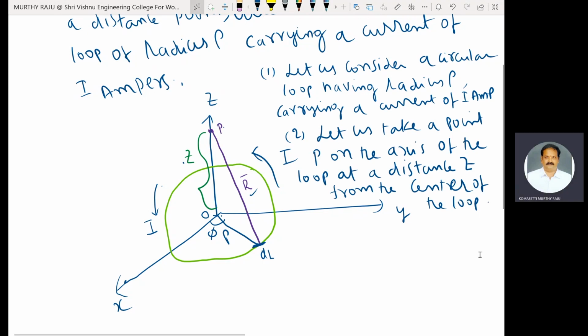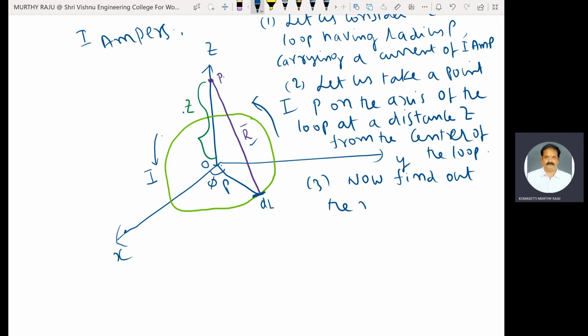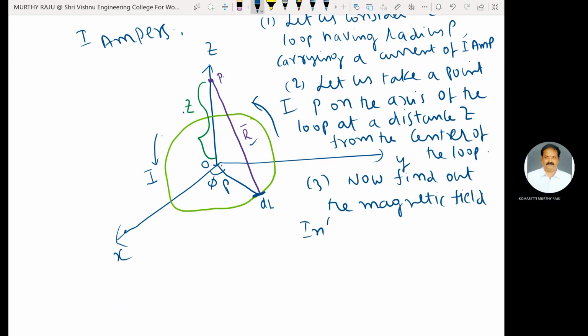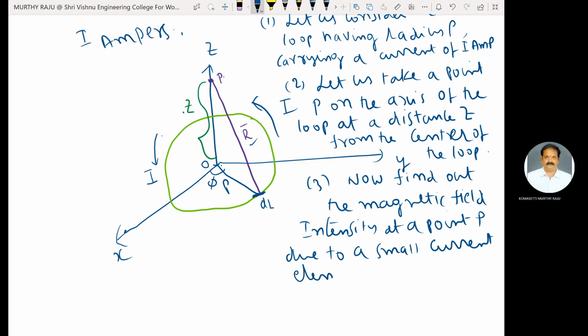Now find out the magnetic field intensity at a point P due to a small current element of length dl shown in the figure.